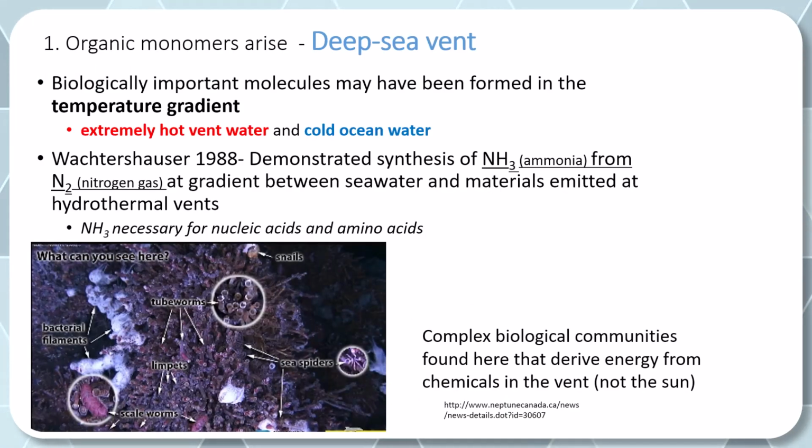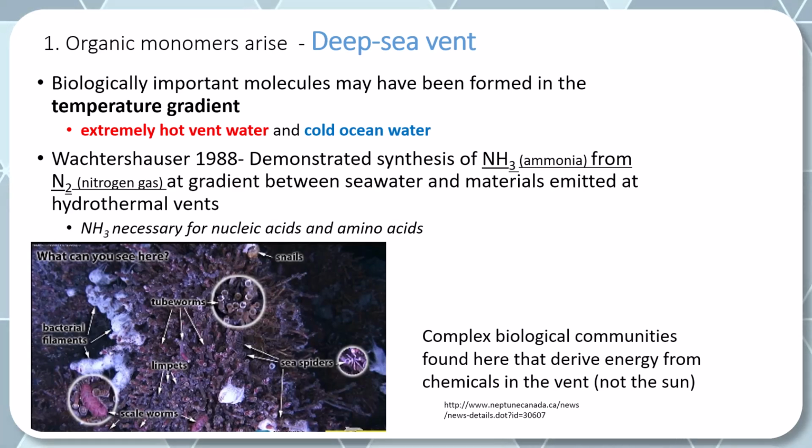Another possible explanation for organic monomers arising is that biologically important molecules have the ability to form in a temperature gradient between extremely hot vent water and cold ocean water. In 1988, researchers demonstrated the synthesis of ammonia from nitrogen gas at the gradient between seawater and materials emitted at hydrothermal vents.